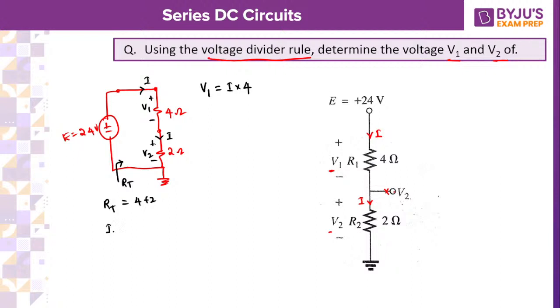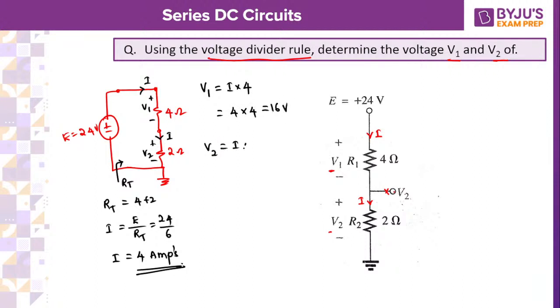I is equal to E divided by total resistance, 24 by 6, so I is 4 amperes. Then V1 is 4 into 4, 16 volts. V2 is I into 2, so 4 into 2, 8 volts.